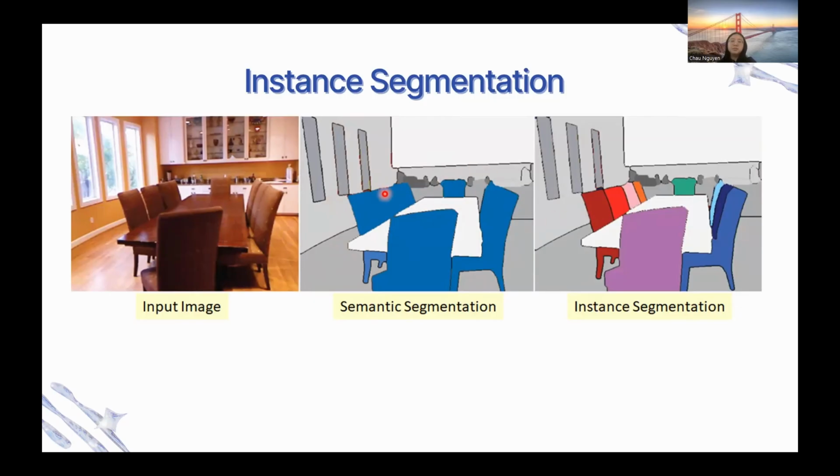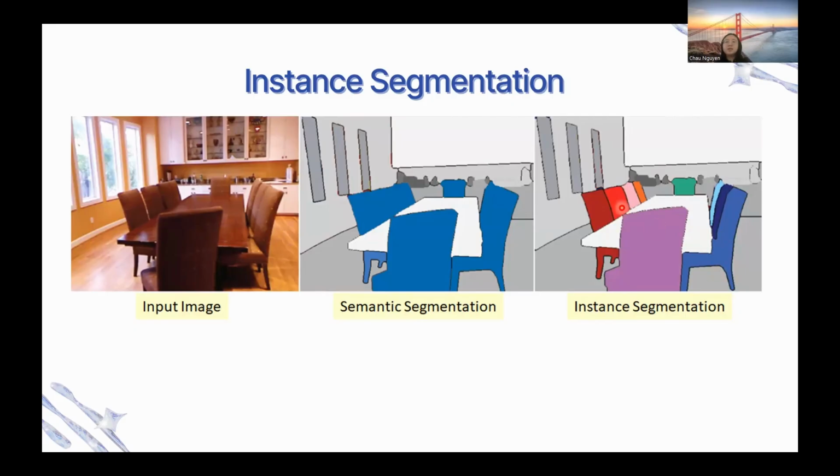We want to divide each of these into its own instance, and still be able to tell that these instances are under the same class. The final stage of how far we can push these techniques is instance segmentation, which combines the tasks that we had before.